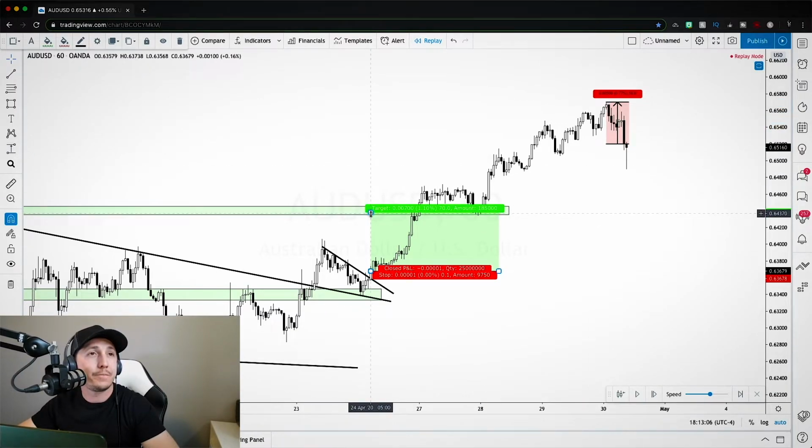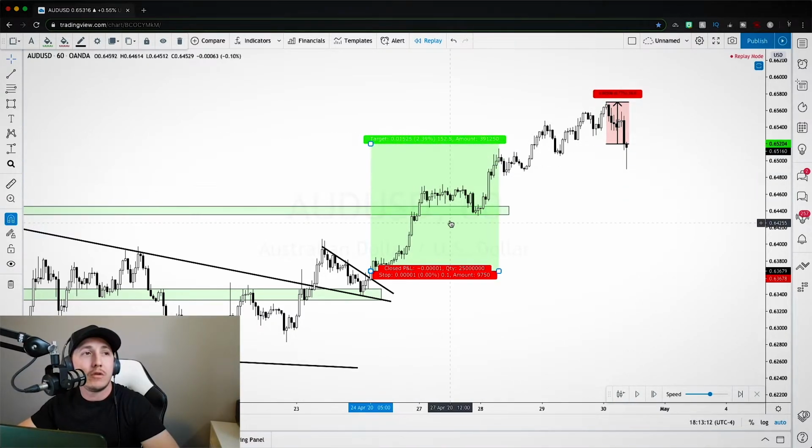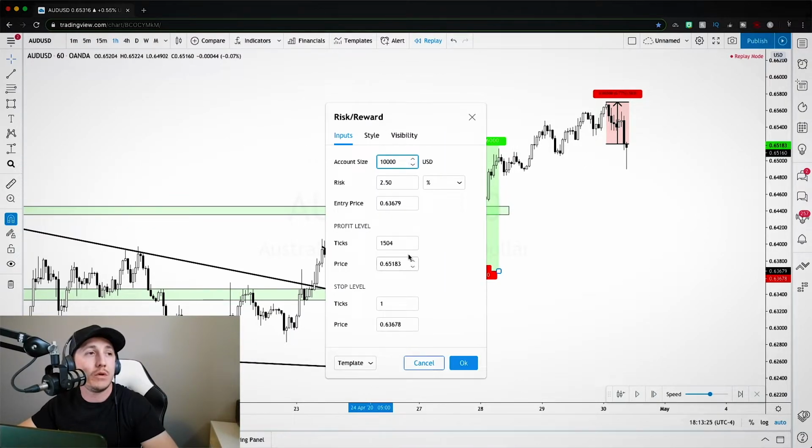So now let's see how many pips we actually got on this trade. So we took 70 pips at a full lot, let's just say. And then let's just round this up to make a nice even number.